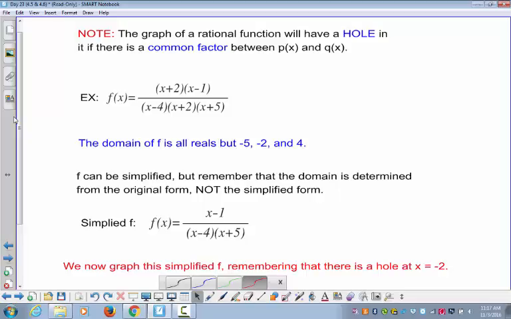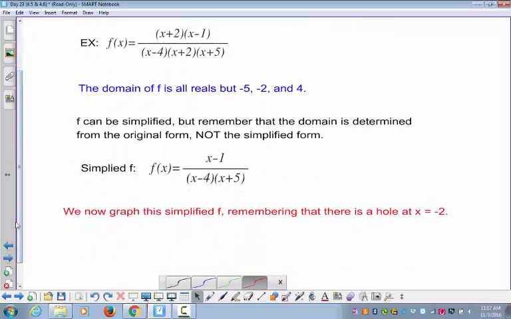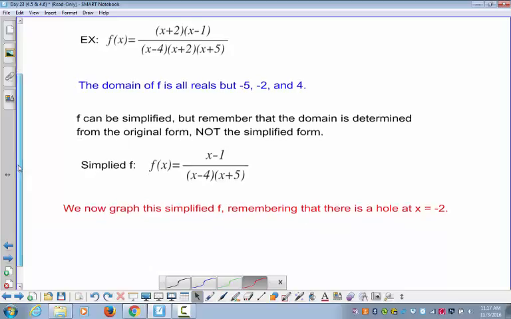So -2 is not in the domain. So if we look down here to the simplified form, this is true as long as x is not equal to -2. Okay, so a lot of books will call a hole in the graph a removable discontinuity because it's just one point that's missing. So if there's just one point that's missing, sometimes I call it a removable discontinuity.